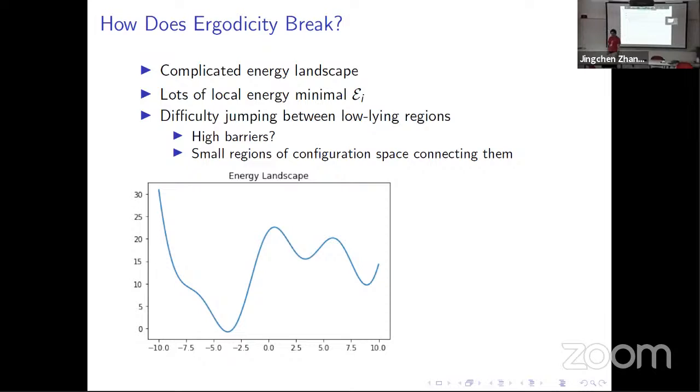There's also something like a structural glass, like the glass here. You can think of it as an energy barrier, but you can also just have a small region of phase space connecting, or even a zero region of phase space connecting the two components.